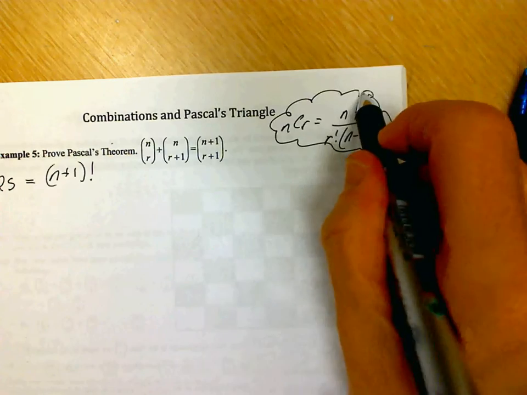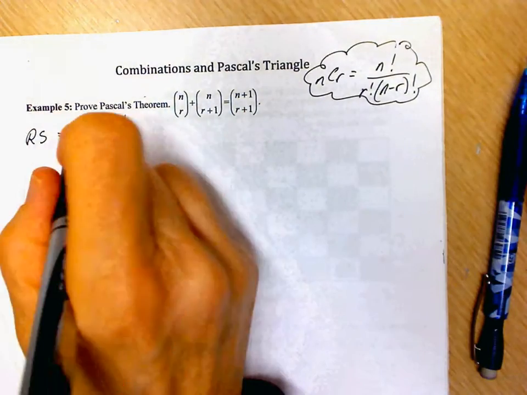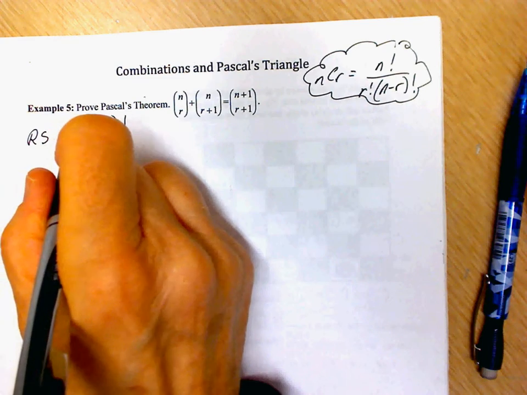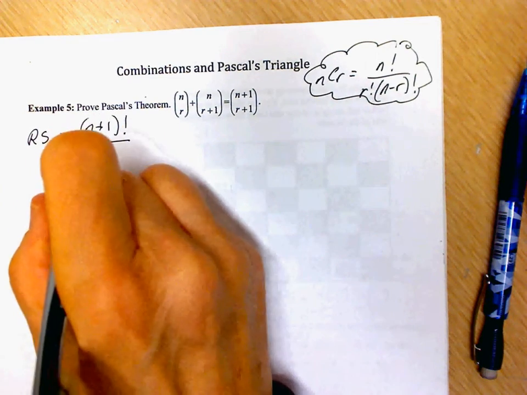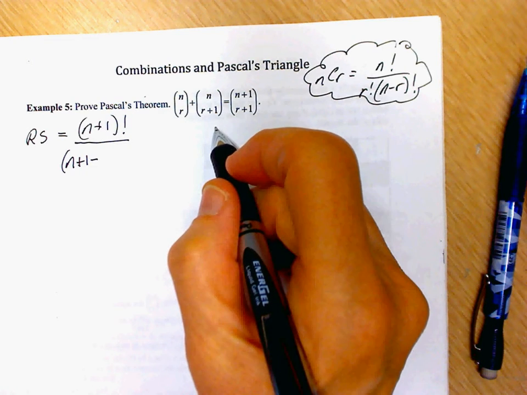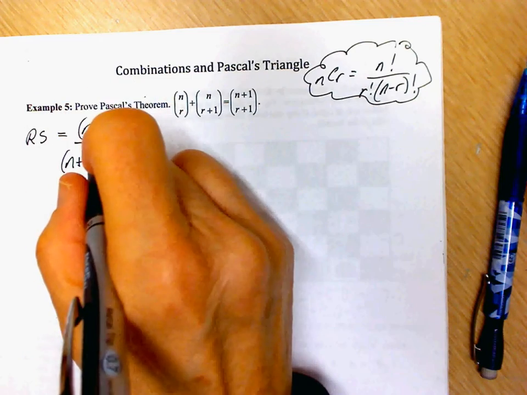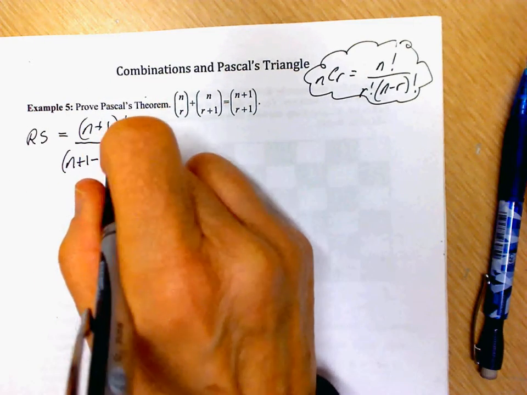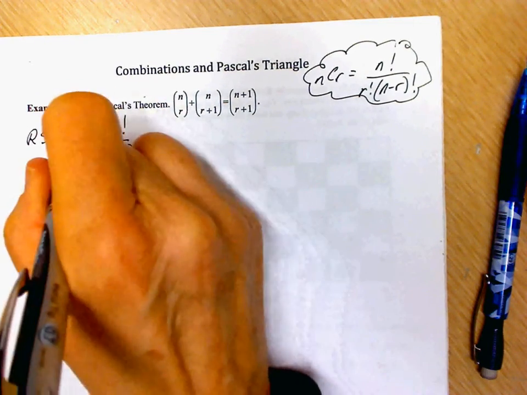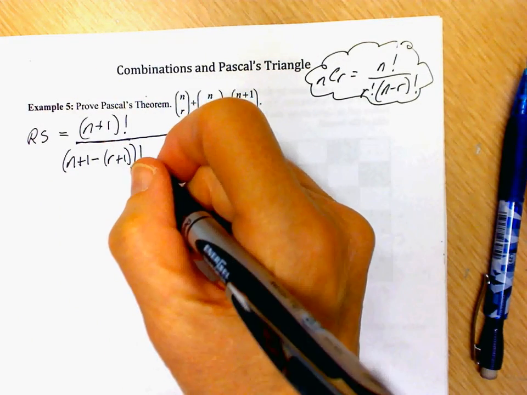So the right side equals n plus 1 factorial all over n plus 1 minus r plus 1 factorial, and r plus 1 factorial.